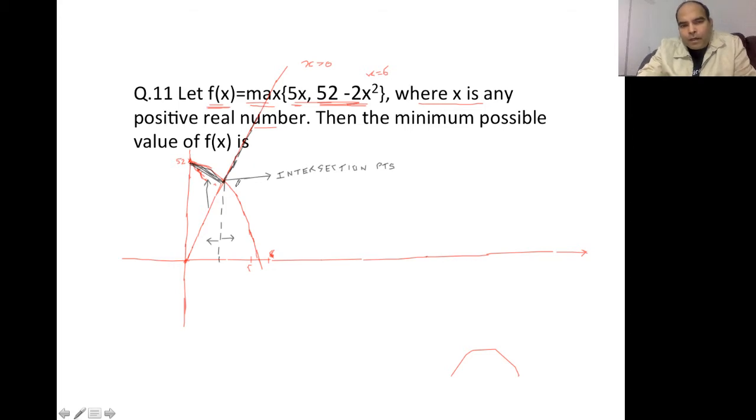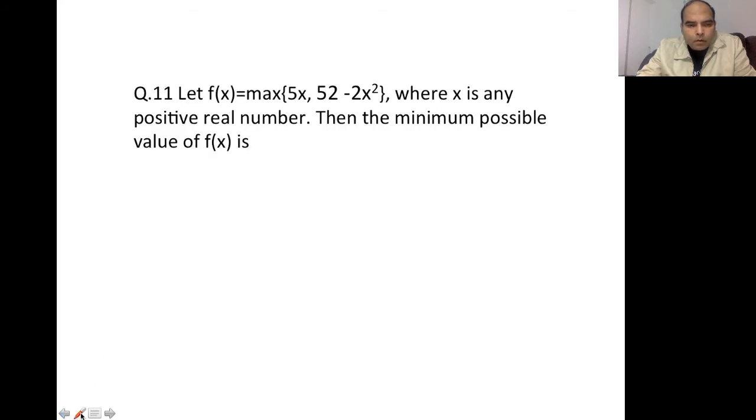So if you want to find the lowest value of this function... Oops, I need to draw that whole thing again. Okay, so let's draw this quadratic and this straight line.